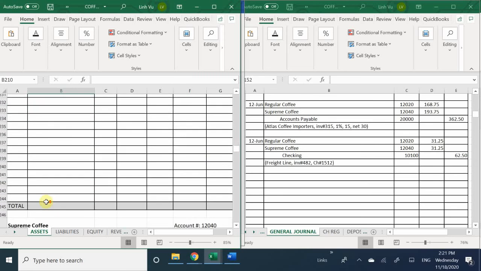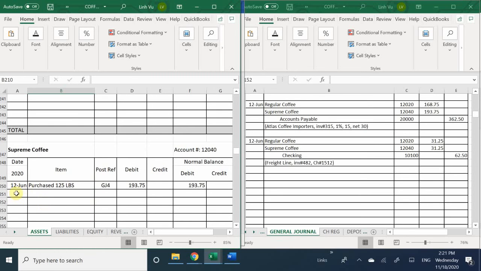Okay, so let's go down to Supreme Coffee. Same thing. On June 12th, I'm going to introduce freight cost for General Journal number 4, and I'm also going to be adding my other $31.25.